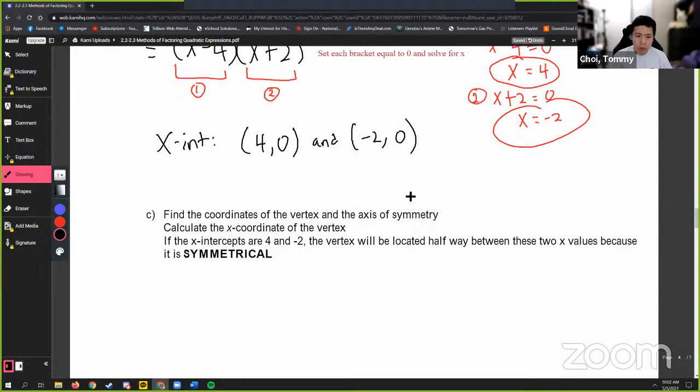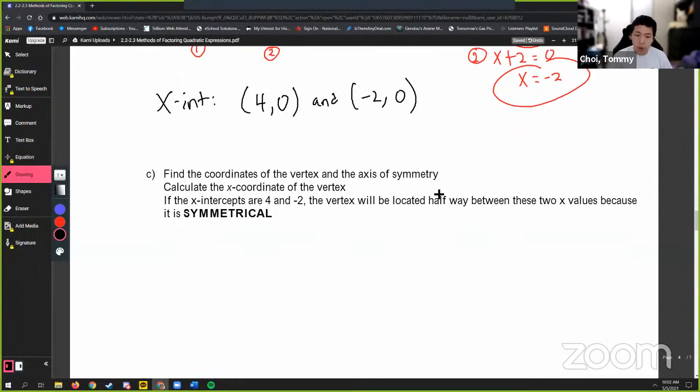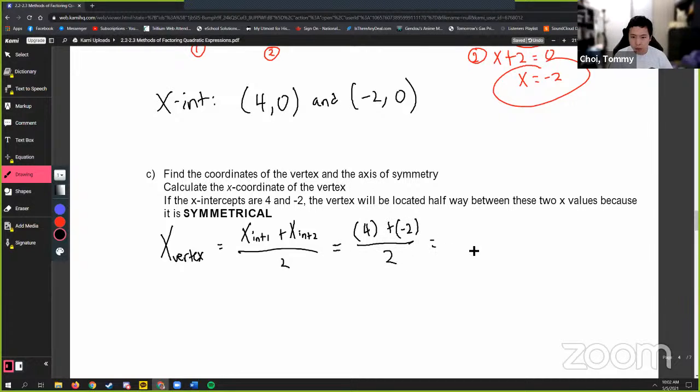So what we're going to do is use this formula. The x value of the vertex is equal to x-intercept 1 plus x-intercept 2 divided by 2, which is just the average of the two x-intercepts. So when we plug it in, x-intercept 1 was 4, x-intercept 2 was -2, and we divide that by 2.